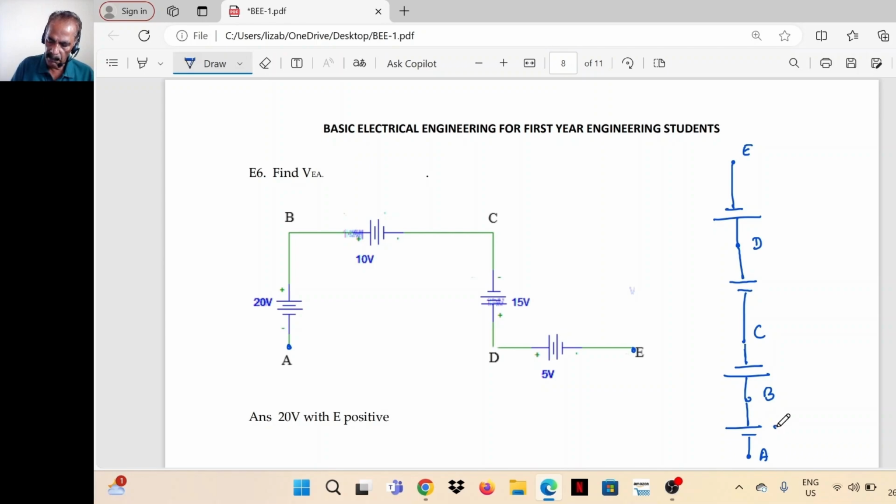So between A and B, 20 volt, its positive is connected to B. Then between B and C, this is 10 volt.